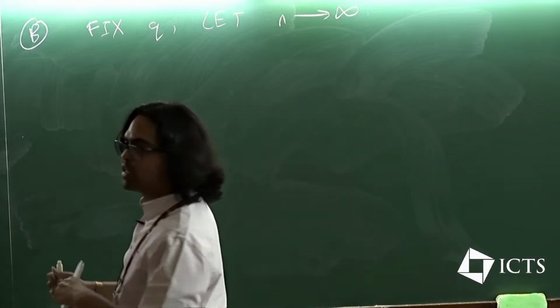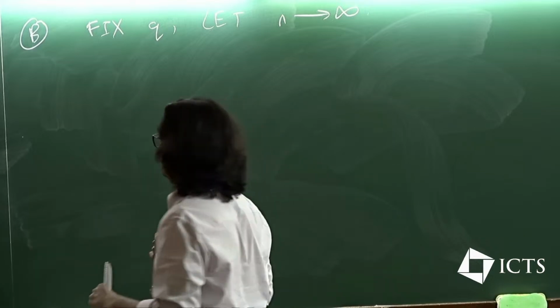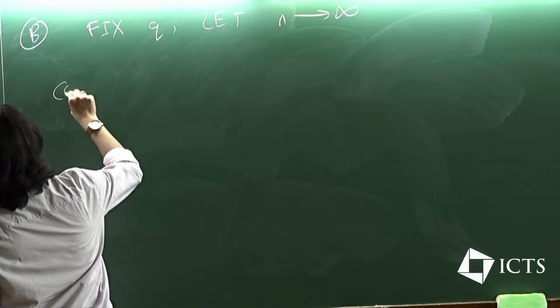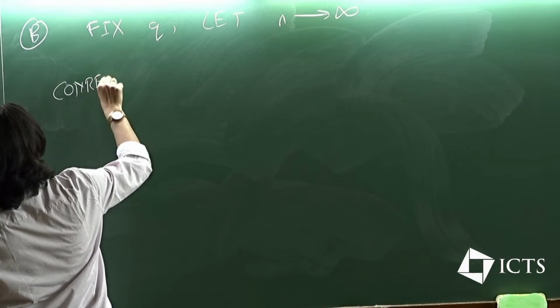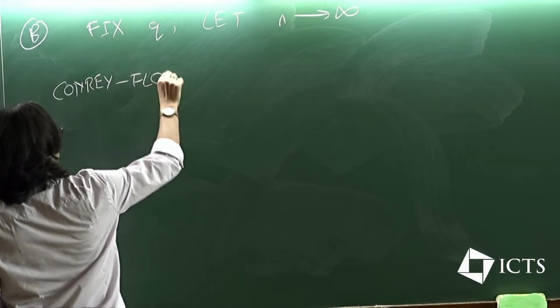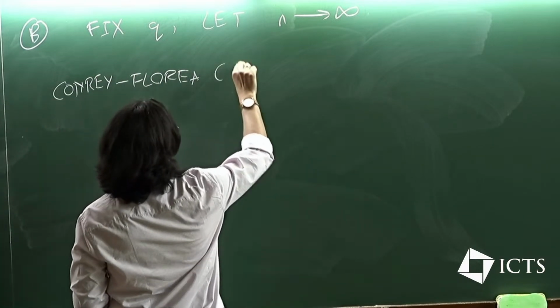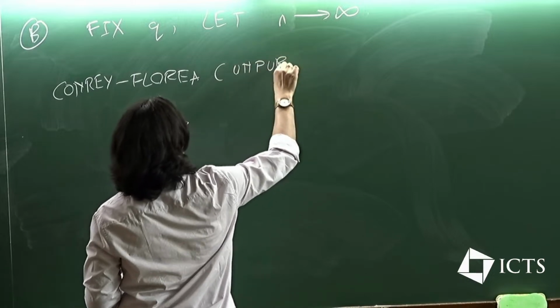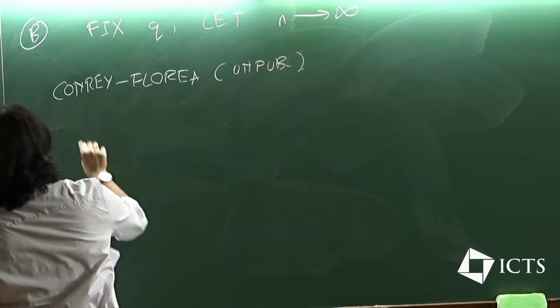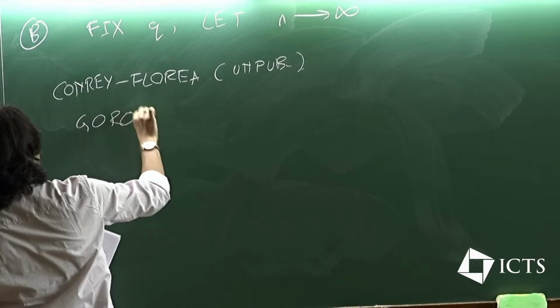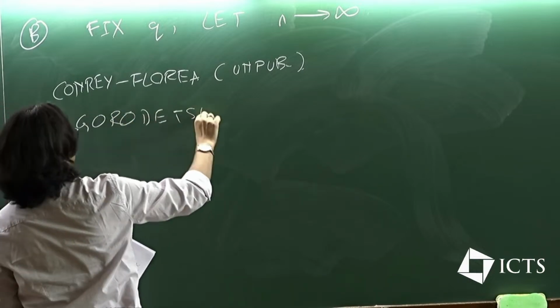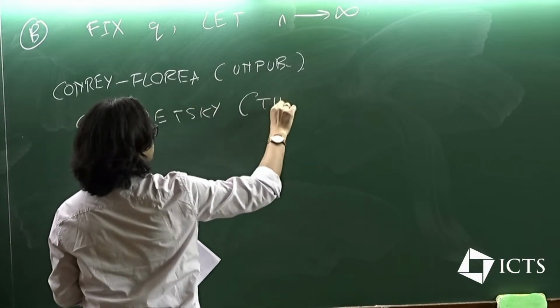Actually, it's been looked at previously by many people. So let me list all of them. It was looked at by Conrey and Florea in unpublished work. It was looked at by Gorodetsky in work that only appears in his PhD thesis.